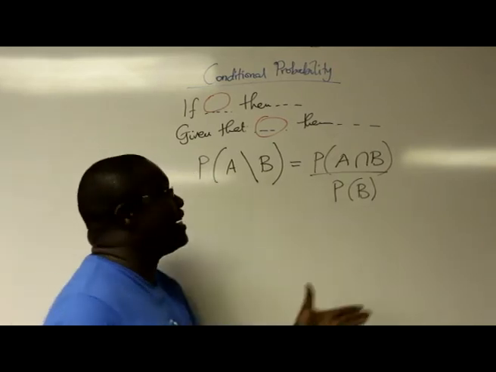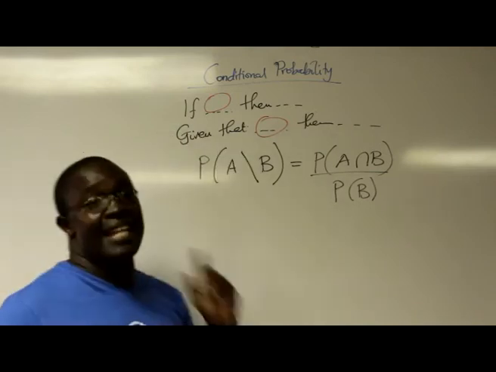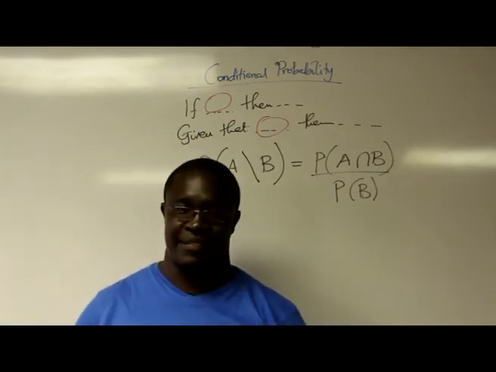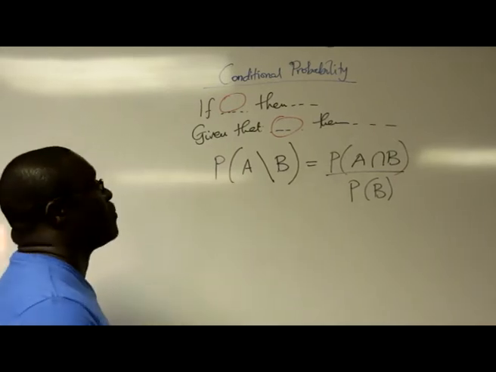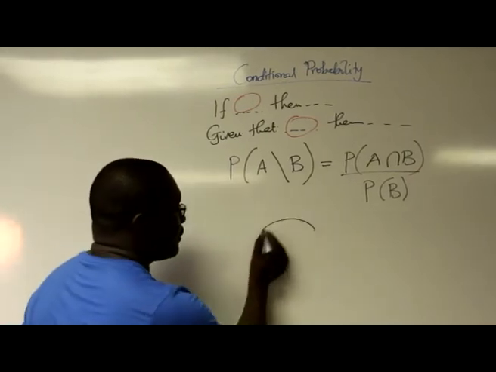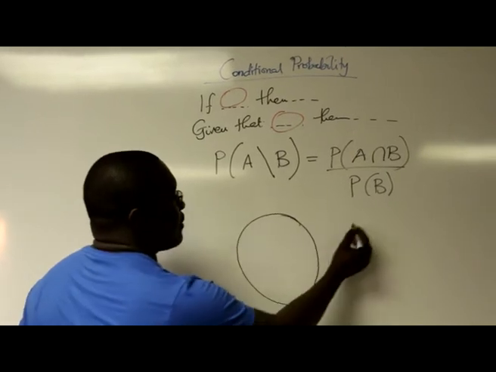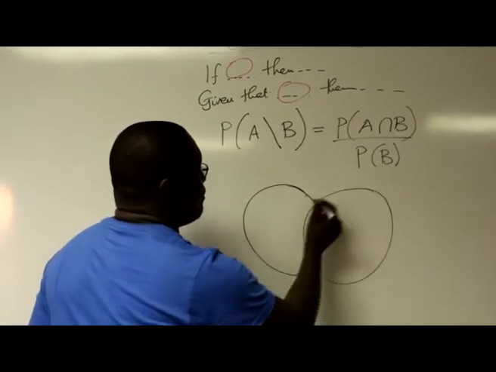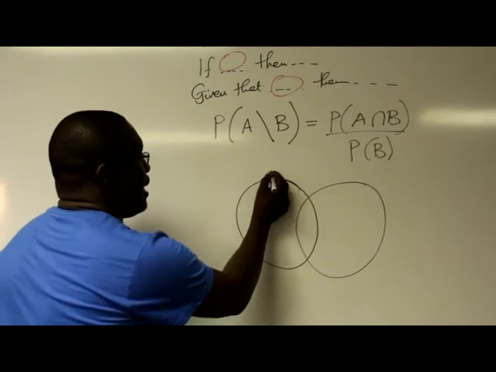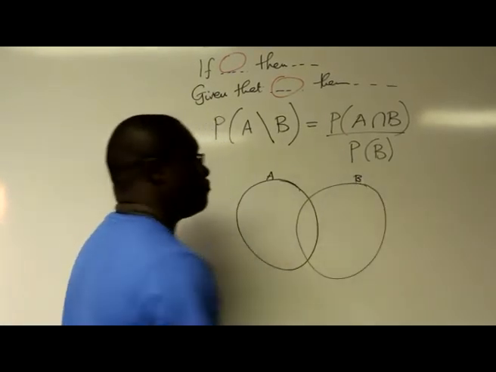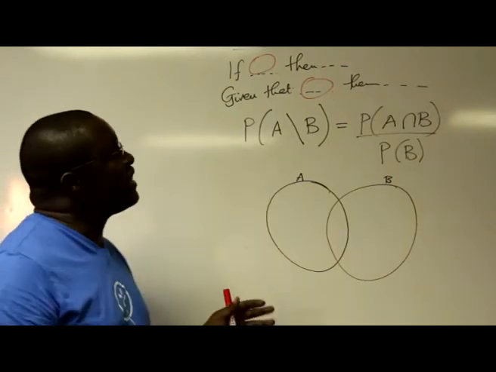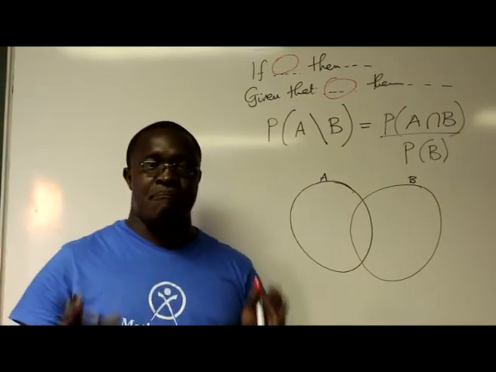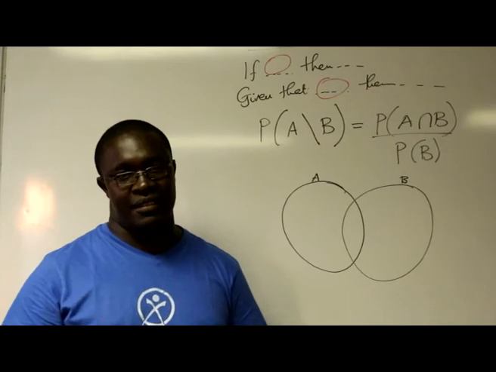Now, I'll use a Venn diagram to illustrate the idea of conditional probability, right? So you just watch carefully. We're saying that there are two sets, A and B. Now, the first thing is that you are given that B has occurred.